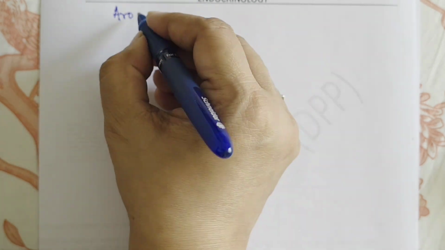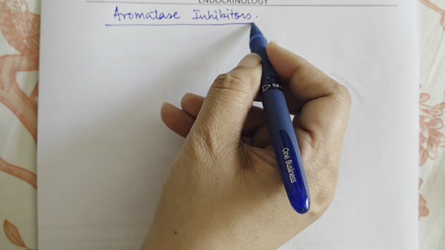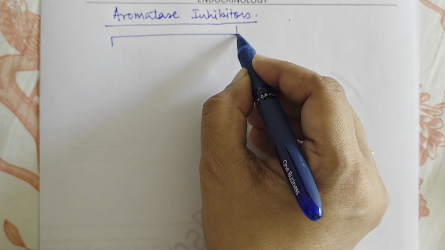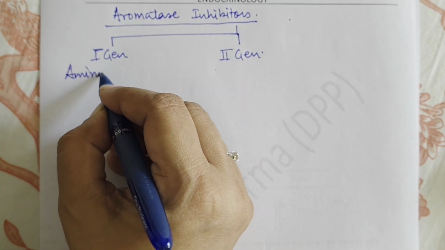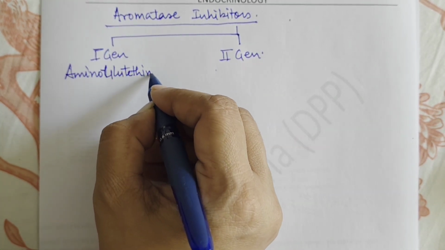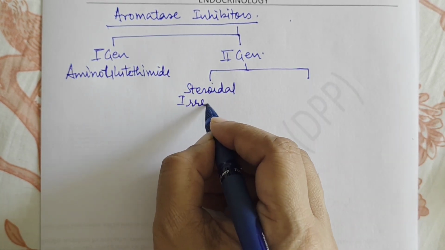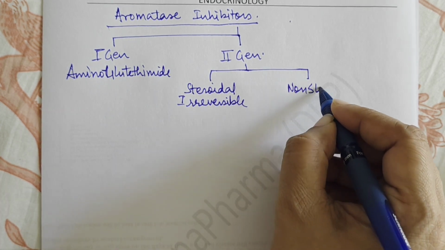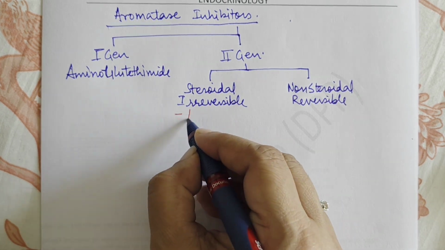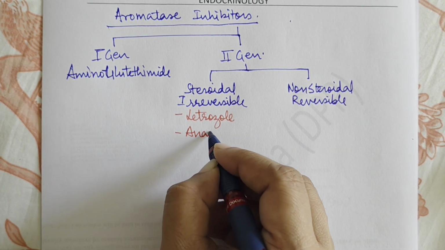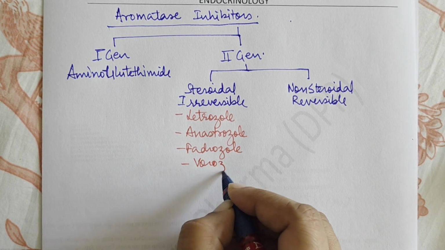We have drugs which are aromatase inhibitors. Okay, let's talk about aromatase inhibitors. Aromatase inhibitors have two generations, first generation and second generation. In the first generation, the drug that we study is aminoglutethimide. Now in the second generation there are two types of drugs. One is steroidal irreversible, and then we have non-steroidal reversible. Now in steroidal irreversible, the drugs that we have are letrozole, anastrozole, fadrozole, and vorozole.